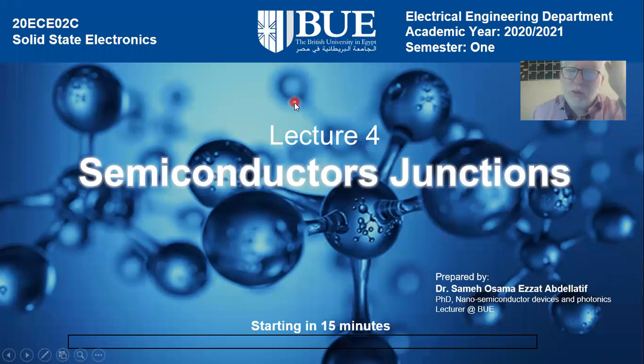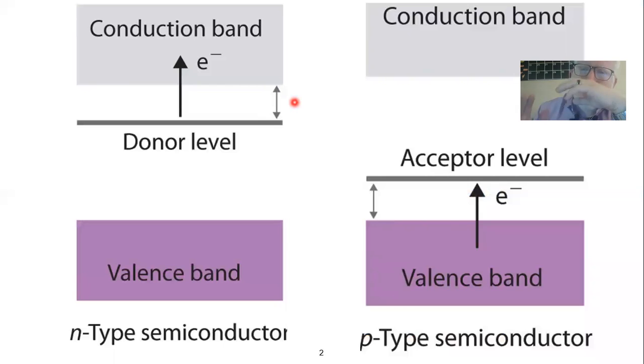So this is chapter 4 with the semiconductor junctions or the p-n junctions. Let's flash back to what we have learned related to the n-type and p-type semiconductor material. If you remember, we said that we have what's called an intrinsic semiconductor material where there are no impurities, no doping effect. The Fermi level is located typically in the middle of the semiconductor.